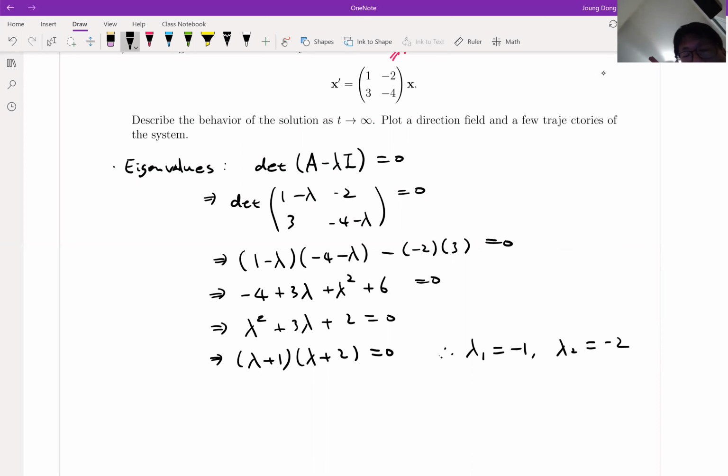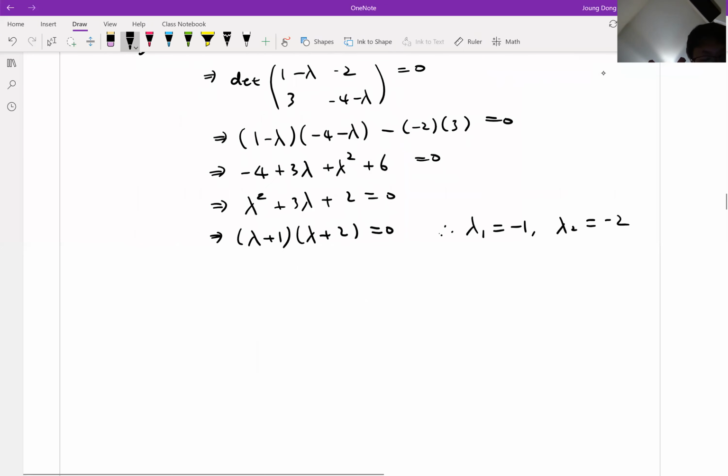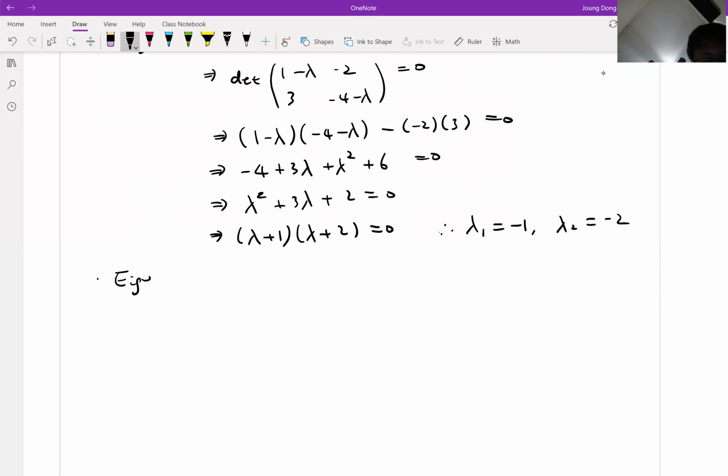Let's start from -1, the first one, lambda 1. Then we're going to do (A minus (-1)I)V equals 0.